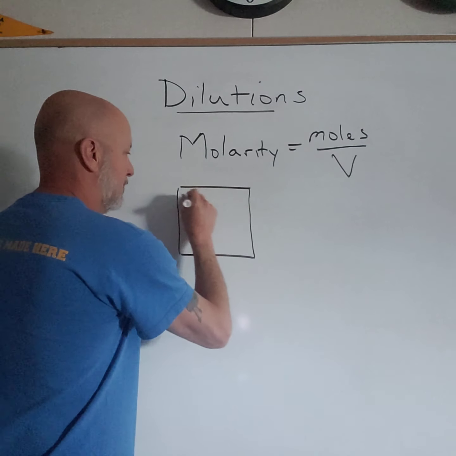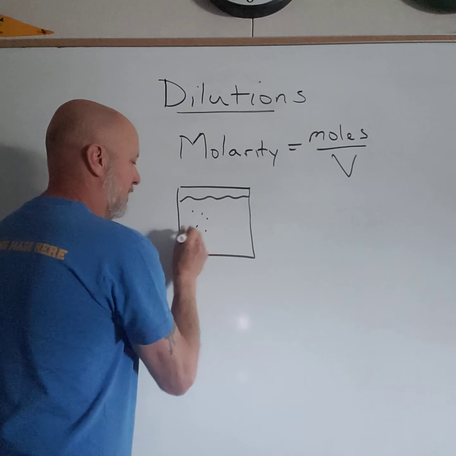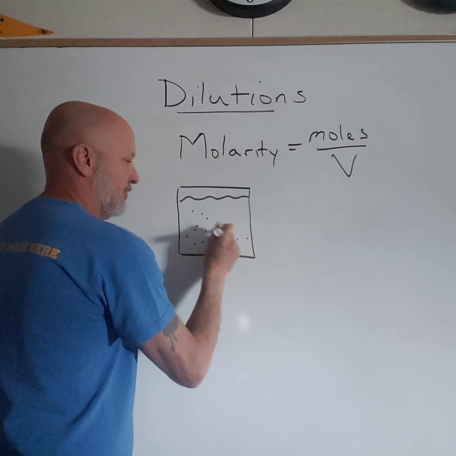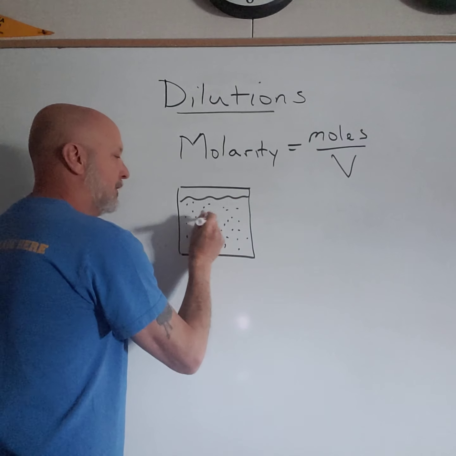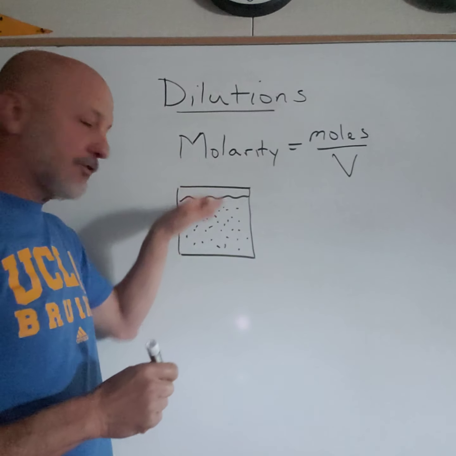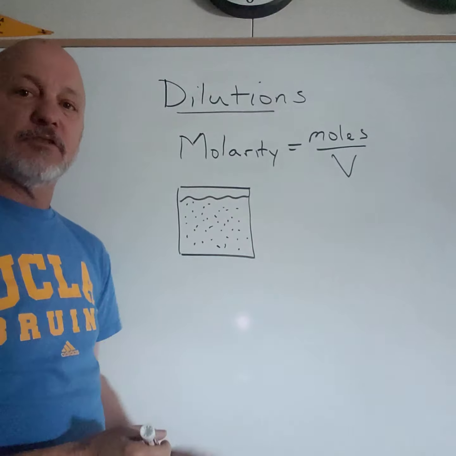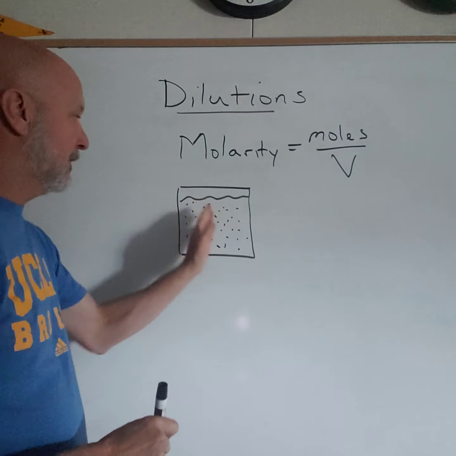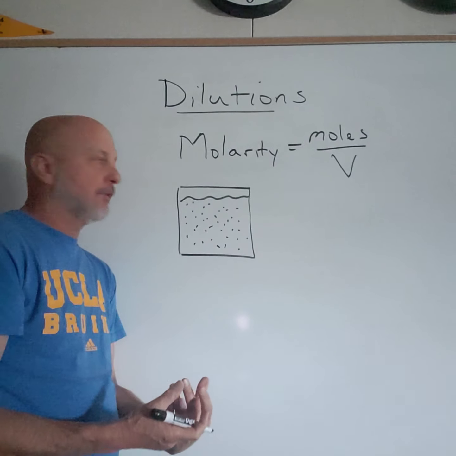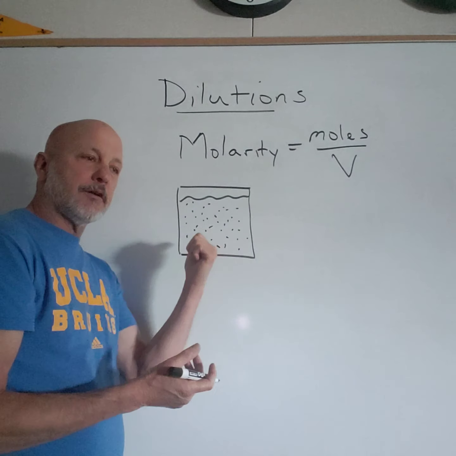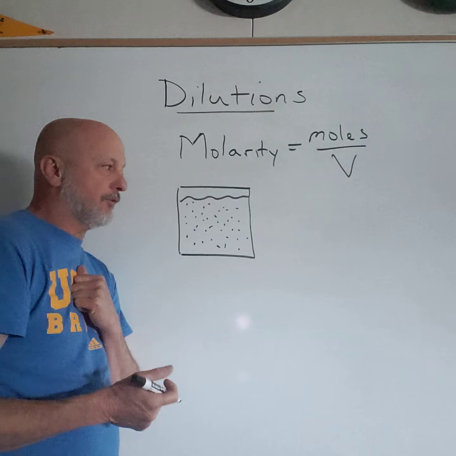So if I look at a solution and say this one is going to be, let's say, concentrated, it's got a lot of stuff dissolved. A lot of solute, that was a couple of the terms we did. Solute is the stuff that's dissolved in a solution. The solvent, if this is salt water, would be the water, and the solute would be the salt.